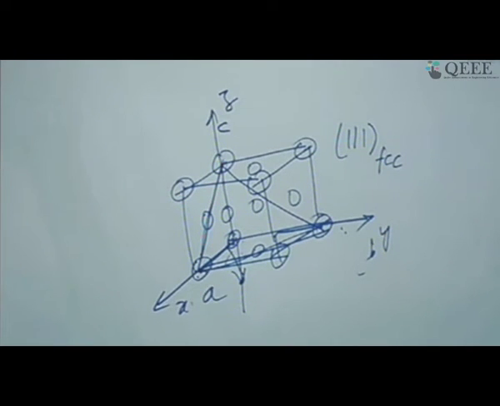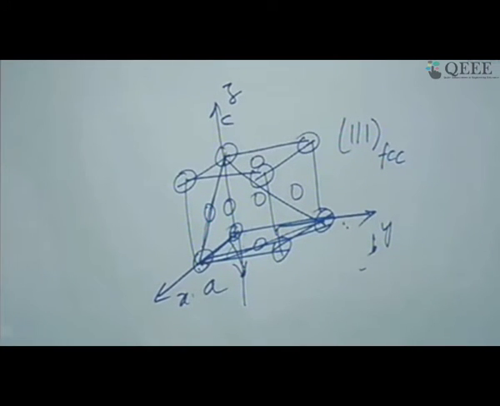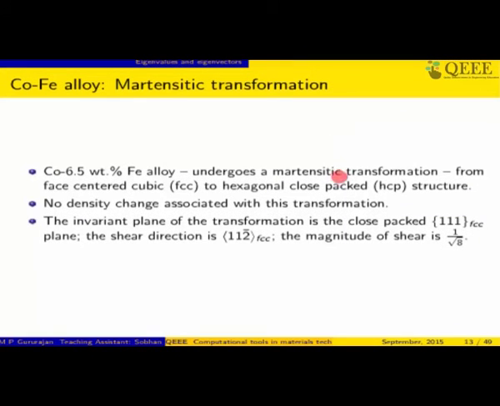Okay, so now why or how is this important? Let's go back to this slide. The invariant plane is a plane which remains unchanged when the transformation takes place. In this alloy, you are going from face centered cubic to hexagonal close packed, but one particular plane remains as it is in both the crystal structures.